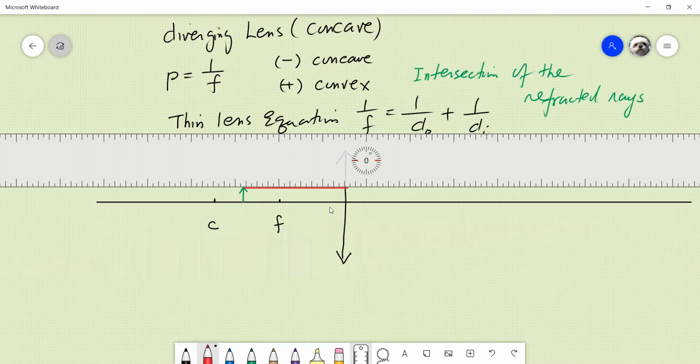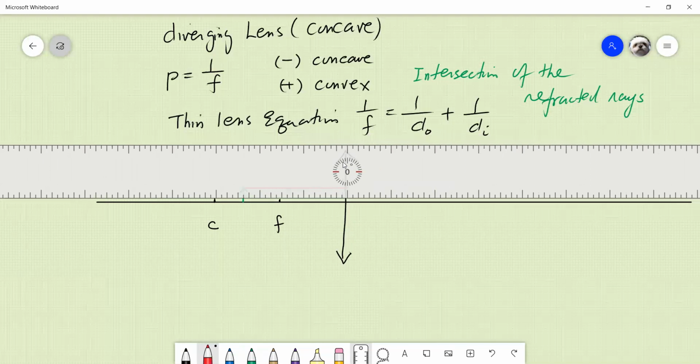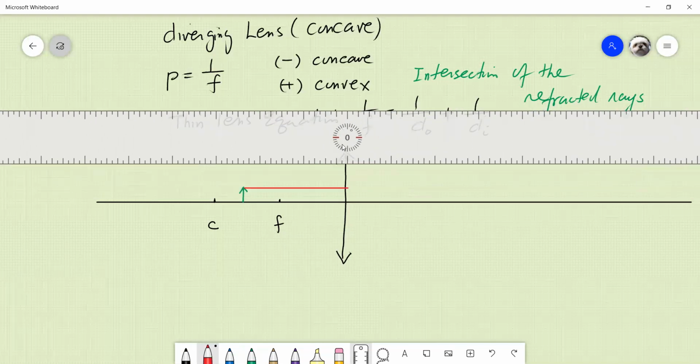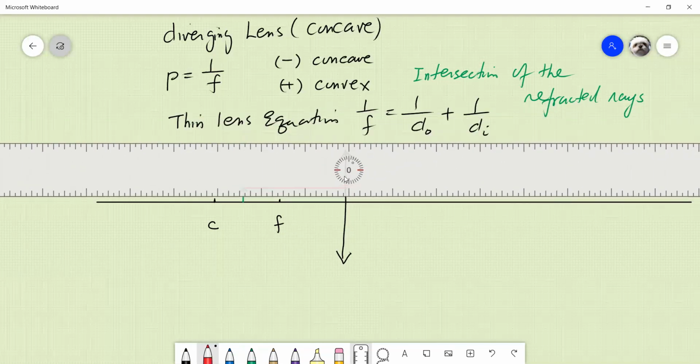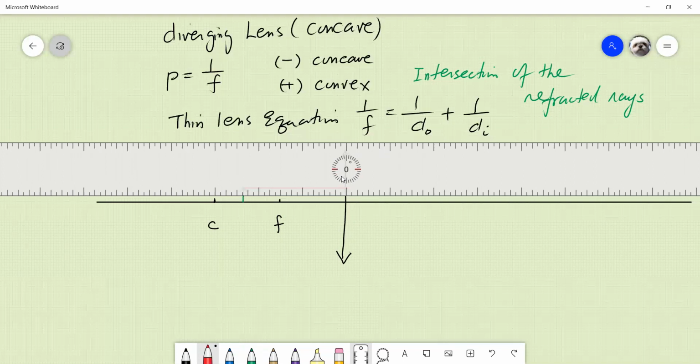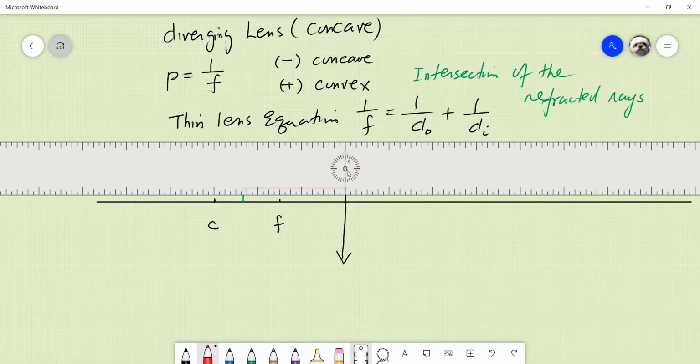Like this. Yep. Now, for the lens, we don't use the focal point on the left side. Remember that they refract, right? So we're gonna use the focal point on the right side.